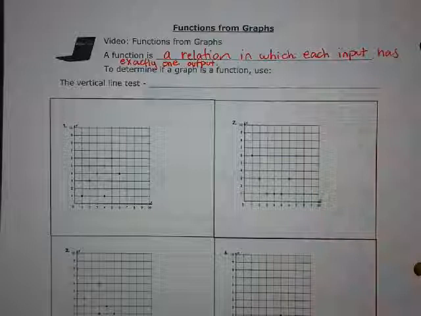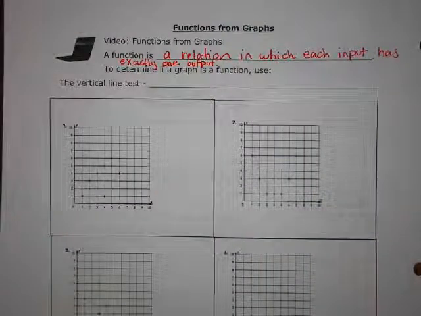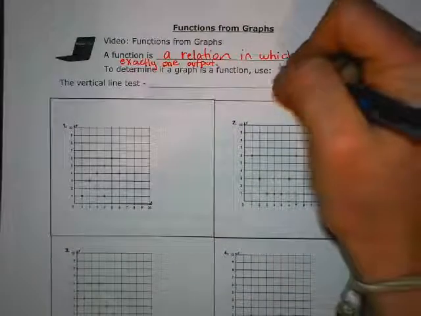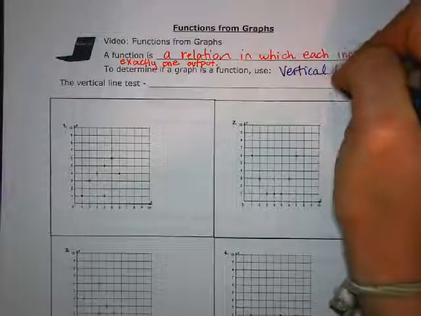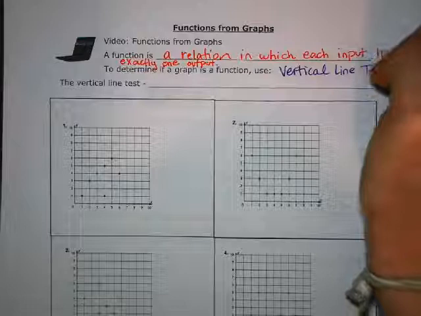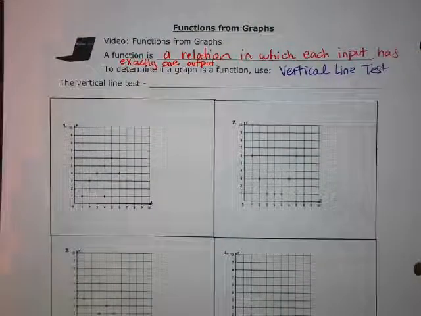To determine if a graph is a function, we're going to use something called the vertical line test. But what is the vertical line test? Luckily, it's as simple as it sounds.